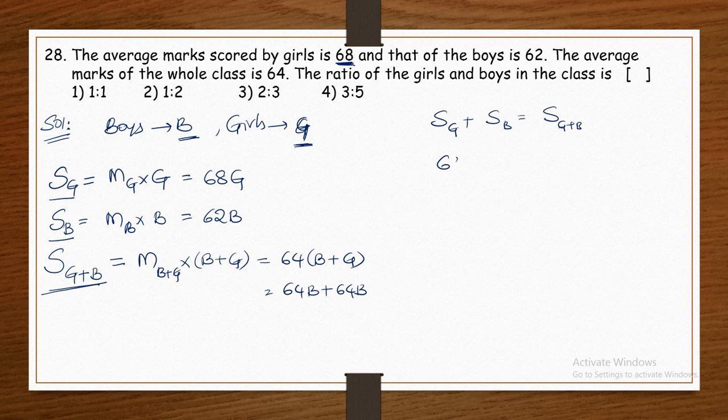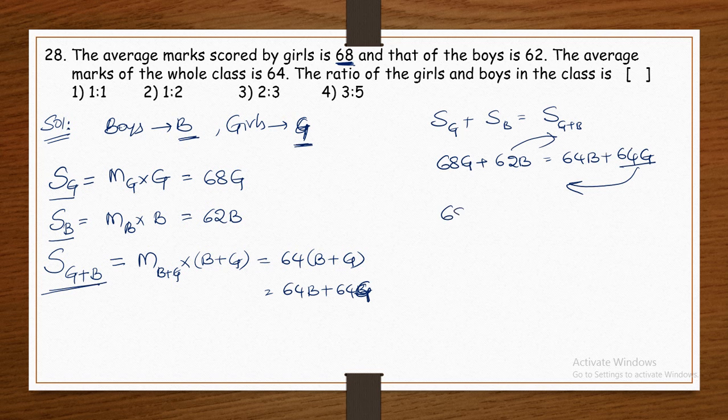Now from this I can write it as 68G plus 62B is equal to 64B plus 64G. Now transposing the like terms, this 64G I am transposing to the left-hand side and this 62B to the right-hand side.